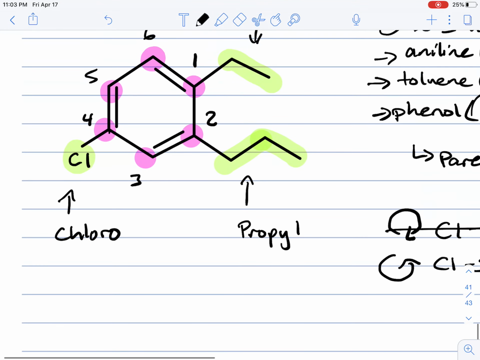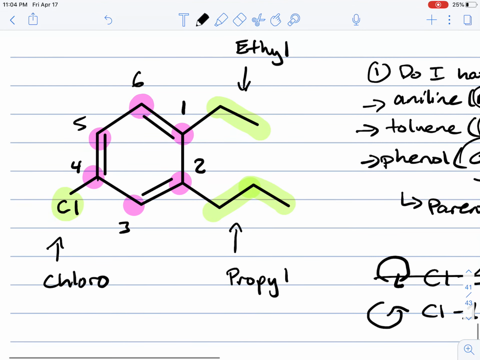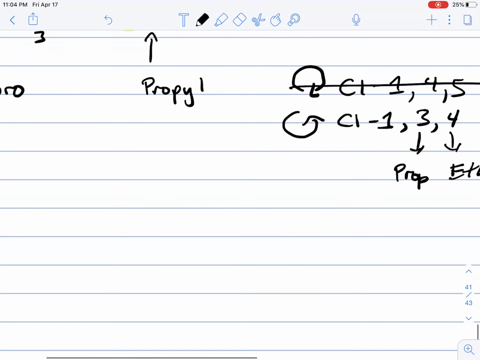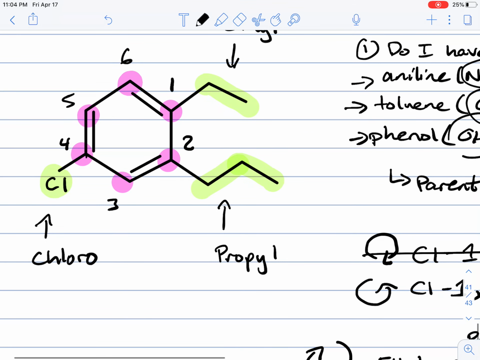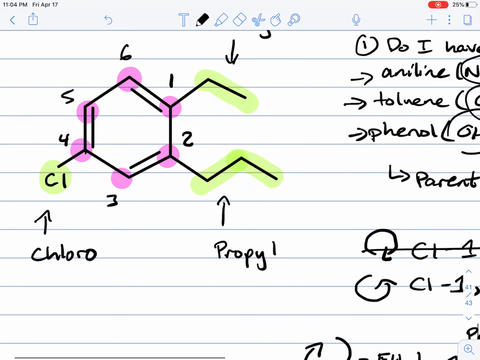And so if I go clockwise, making ethyl number 1, then in this case, propyl will be number 2, and chloro will be number 4.